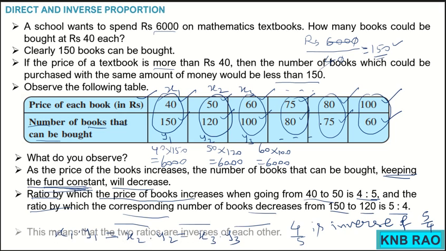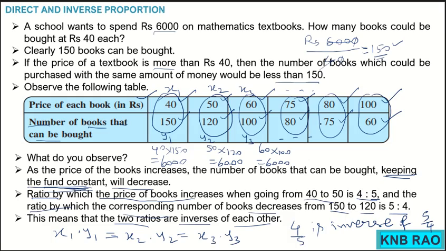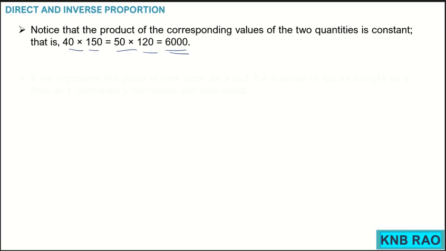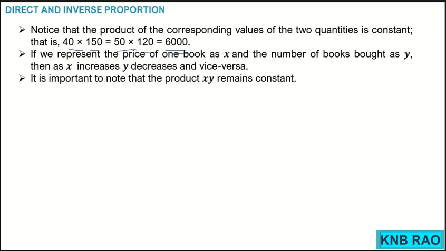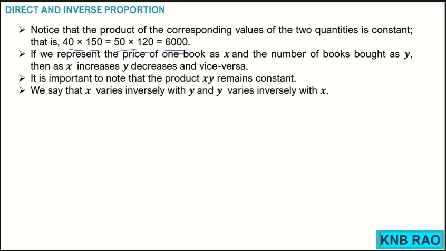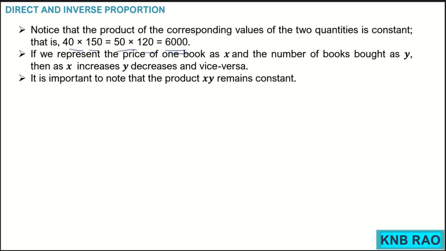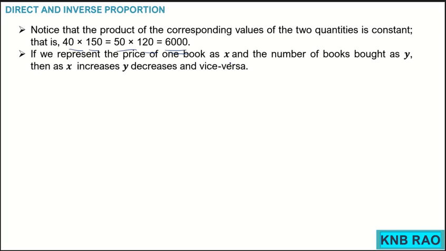That is, if we represent the price of one book as x and the number of books bought as y, then as x increases, y decreases and vice versa.